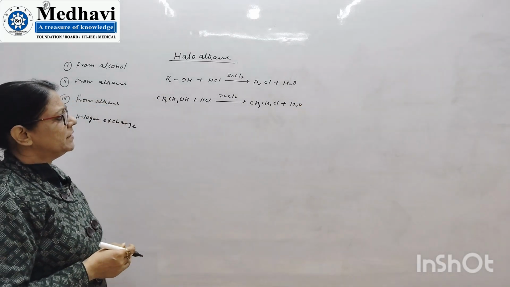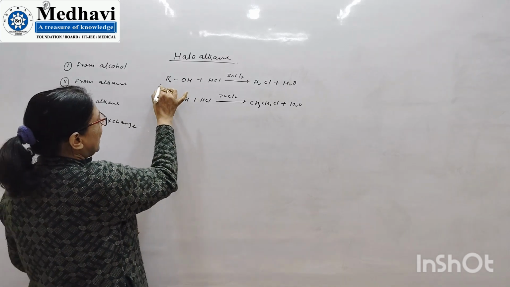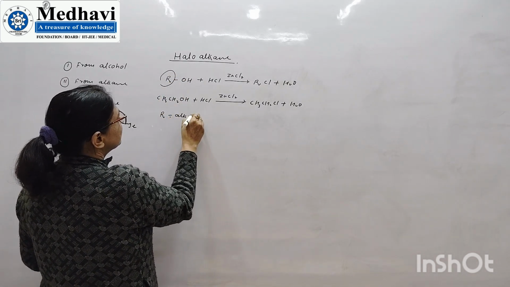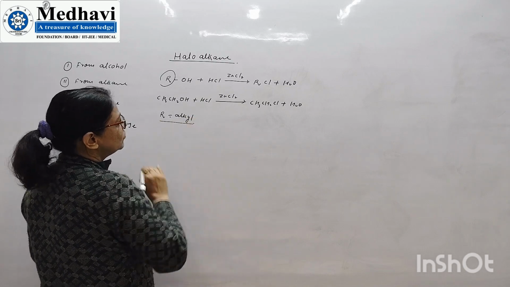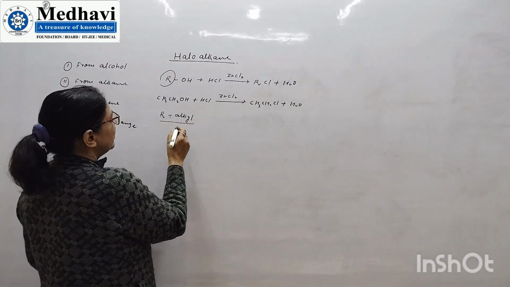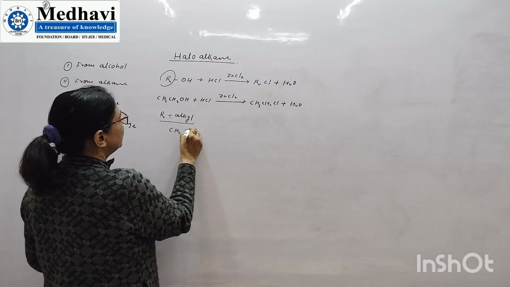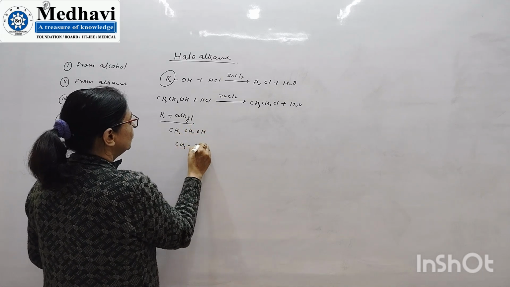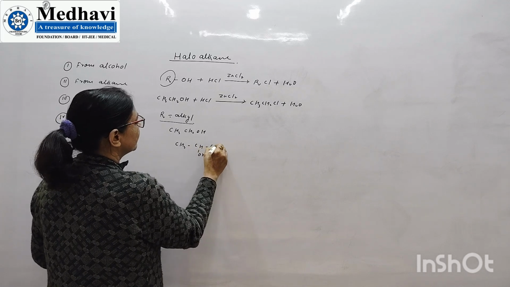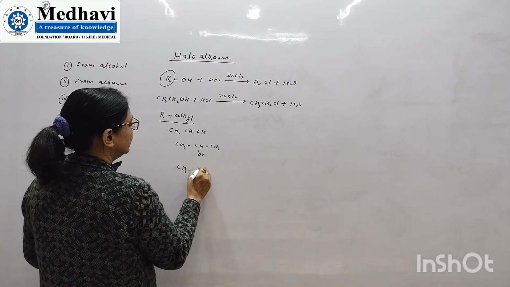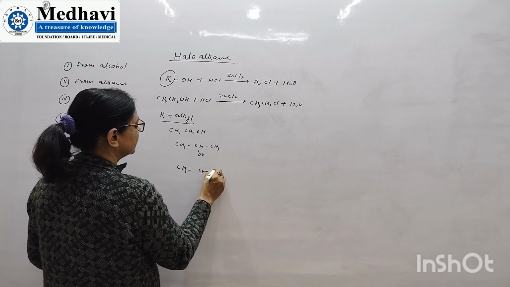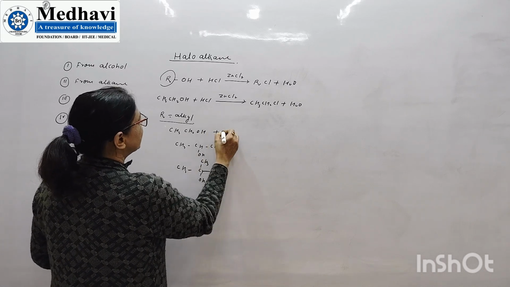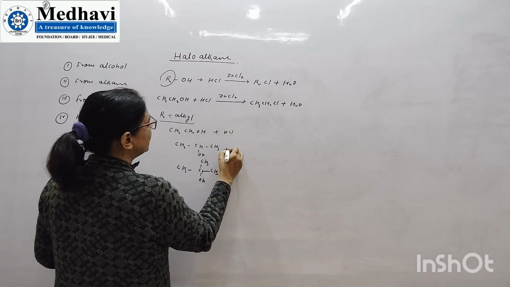This is a very important reaction because here the R group, the alkyl group, is 1 degree, 2 degree or 3 degree. Suppose you have taken 1 degree alcohol, 2 degree alcohol, or 3 degree alcohol, and in all the three cases concentrated acid is used.